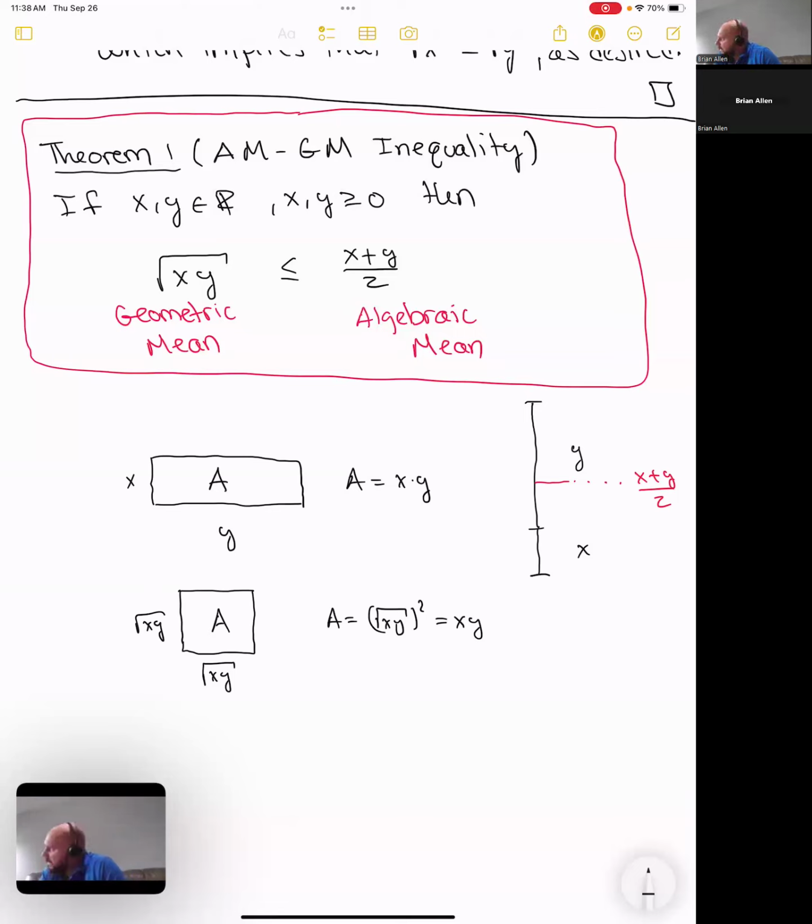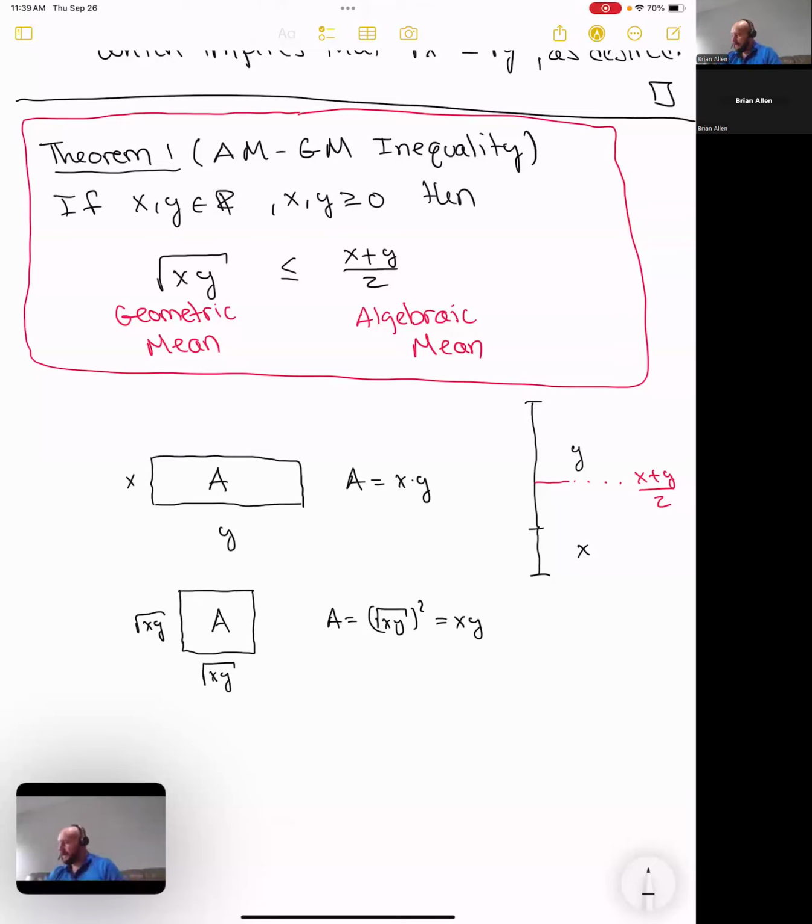So there are more advanced versions of this algebraic geometric mean inequality involving the determinant and the trace, and involving more than just two real numbers, and so on and so forth. But right now, we just want to prove this version of the algebraic to geometric mean inequality.